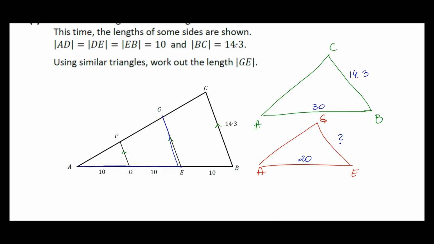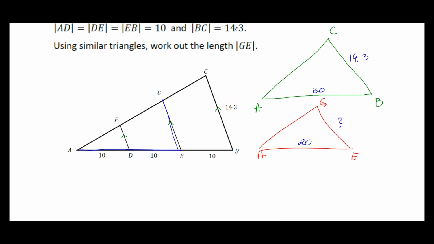The idea of similar triangles is that we can build a ratio, because the corresponding sides are in the same ratio to each other. When looking at any triangle, in order to identify my sides, I can say this is a short side, this side here is a long side, and this one is the middle side.